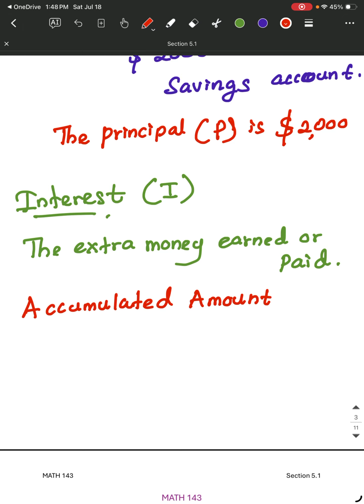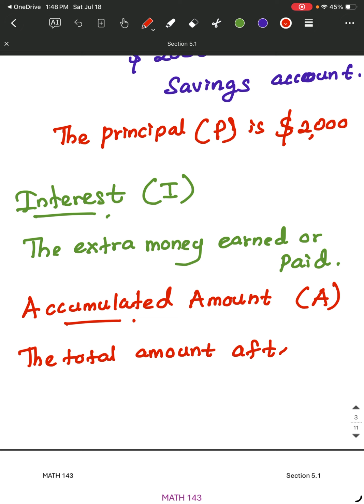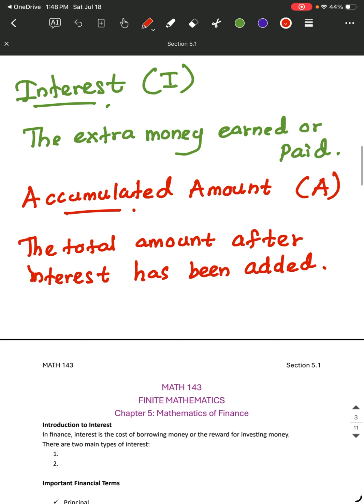The accumulated amount, which we denote by uppercase letter A, is the total amount after interest has been added.